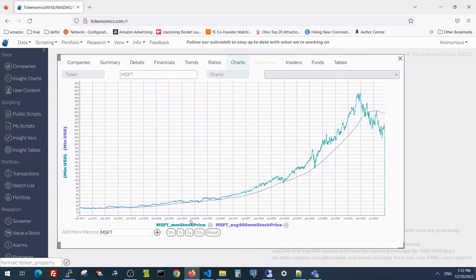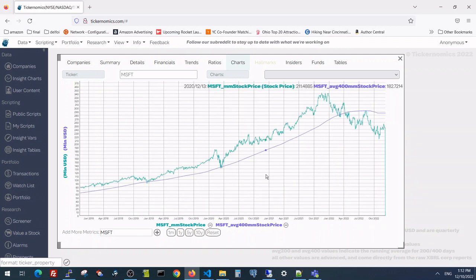This is the running average of the stock price. As you can see, if you scale a little bit, this blue line is your running 400-day average, and this is the actual everyday stock prices. Sometimes they are almost not different, but sometimes they're very different.